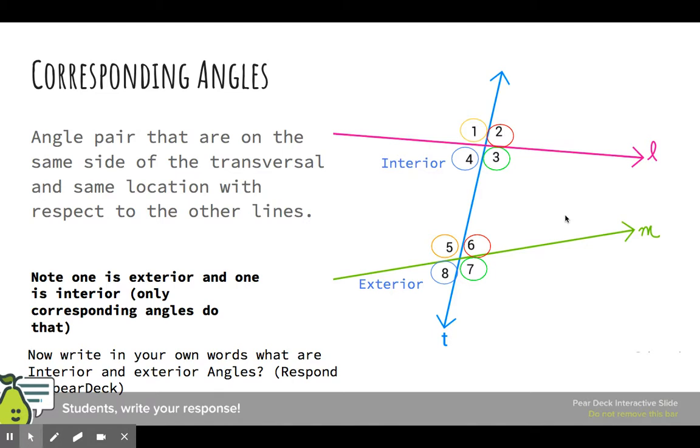Angle pairs that are on the same side of the transversal, right? So if I'm looking at the right side here, and same location with respect to the lines, what does that mean? If I'm looking at angle 2, I can say that angle 2 is on top of the line L, or the pink line. Then I'm going to look at what angle is on the right side that is on top of another line, and that would be our angle 6, because it's on top of the green line.